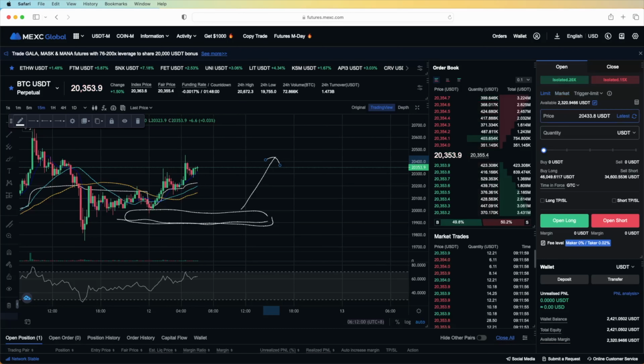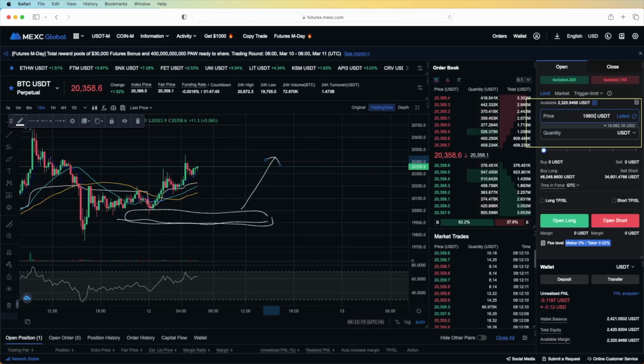For market, for example, I'm going to open the long position when the price reaches, for example, 19,800. Put in a quantity. You can put it in the account currency, BTC or USDT. How much do you want to put in USDT?